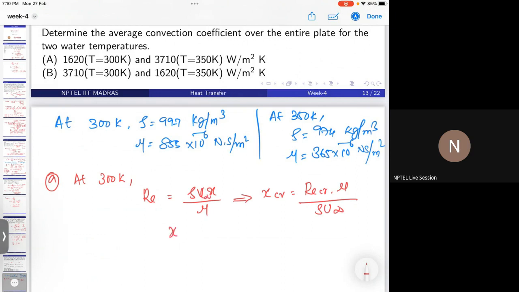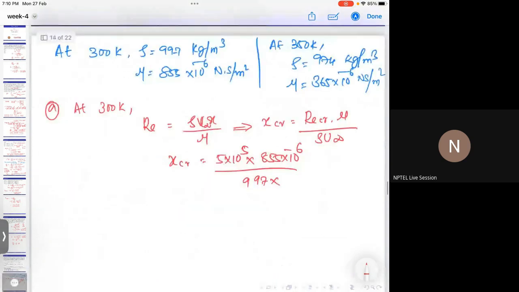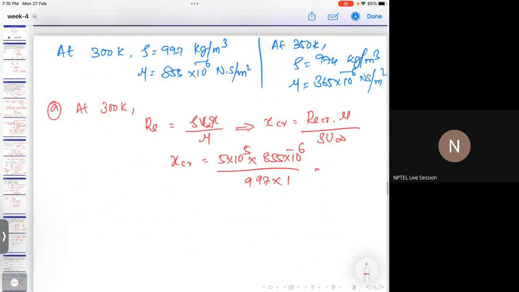What is the critical Reynolds number for a flat plate? So 5 into 10 to the power 5. Yeah, 5 into 10 to the power 5, into viscosity, which is given, density is given, and u infinity is 1. Can you find what is this critical value?